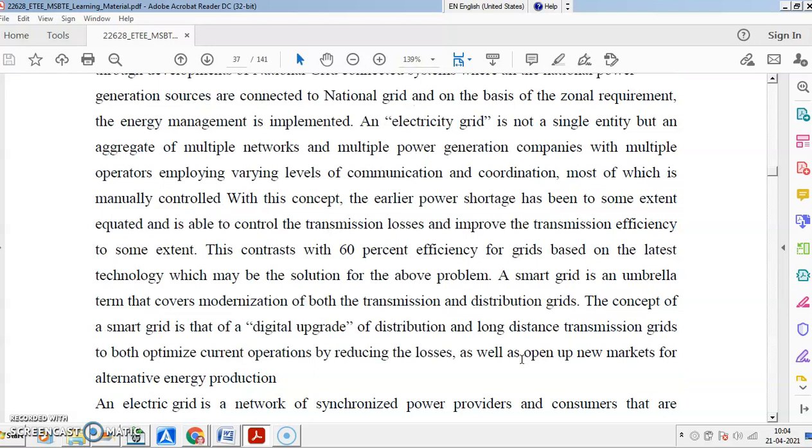It is based on the latest technology which may be a solution for the problems as said above. A smart grid is an umbrella that covers modernization of both transmission and distribution grids.